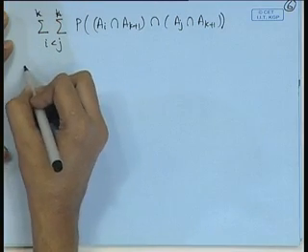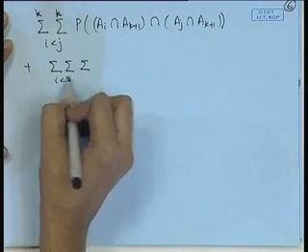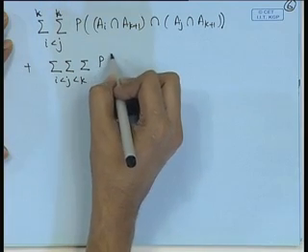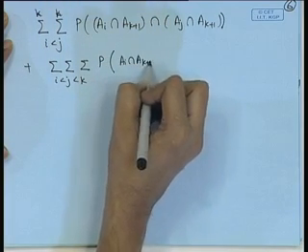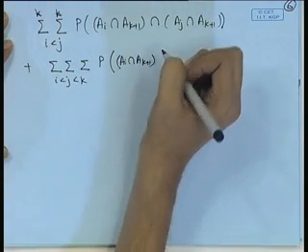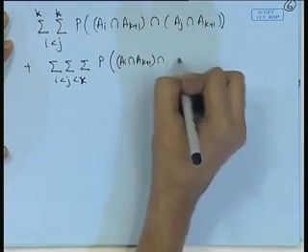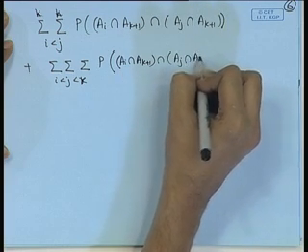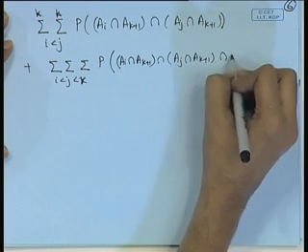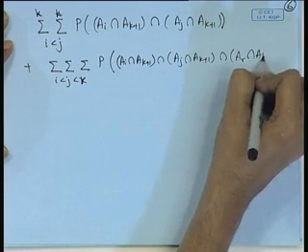Then you will have triple summation i less than j less than k probability of Ai intersection A k plus 1, so we may put it as r, intersection Aj intersection A k plus 1 intersection Ar intersection A k plus 1.